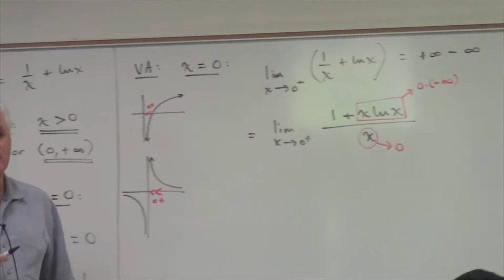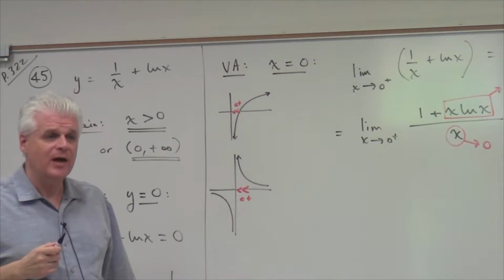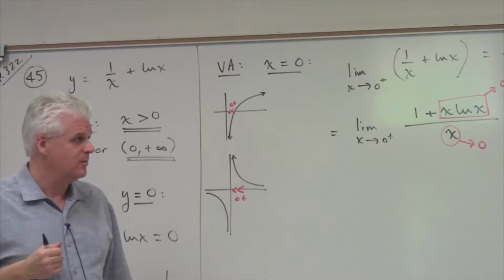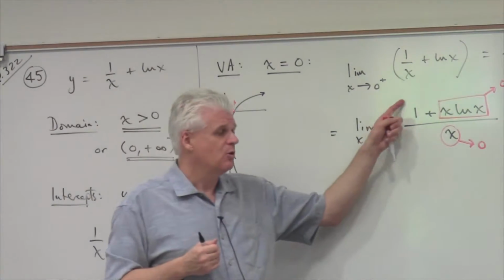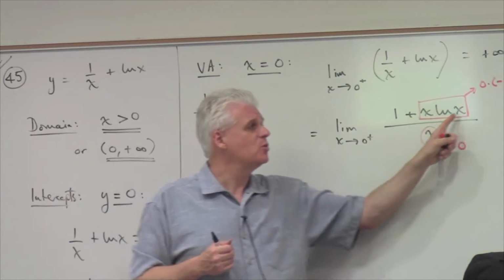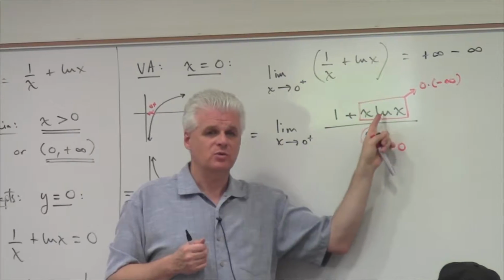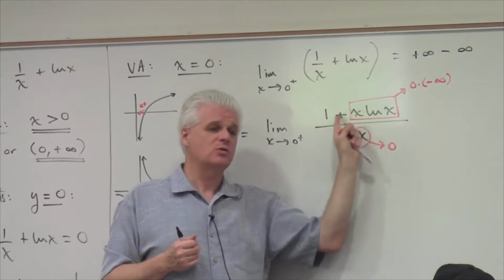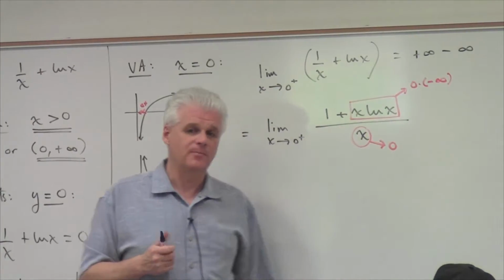So I don't even know yet whether I can use L'Hopital's rule on that or not. L'Hopital requires what to happen? 0 over 0, or infinity over infinity. I need this to go to where in order to use L'Hopital's rule? No, overall I need it to go to 0, so I need this term to go towards negative 1.